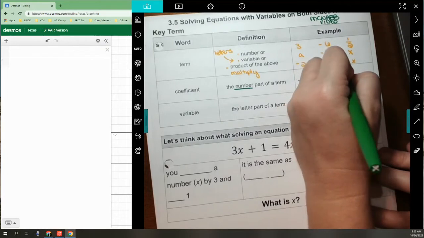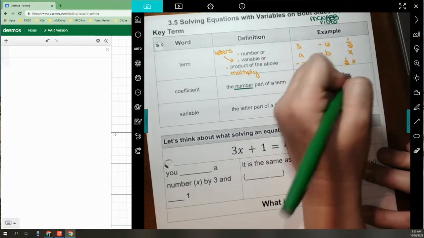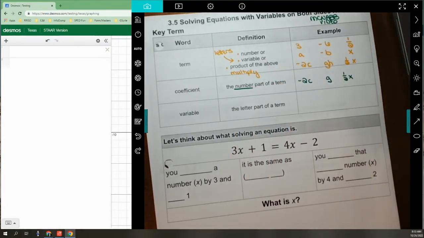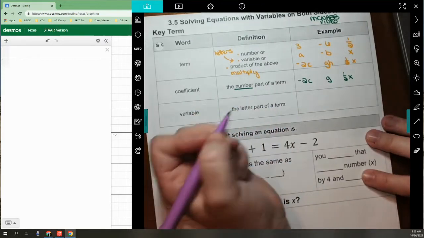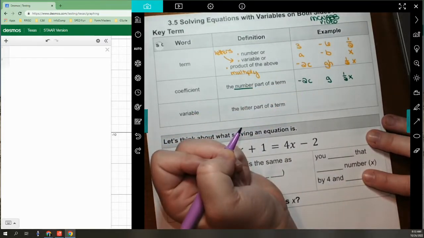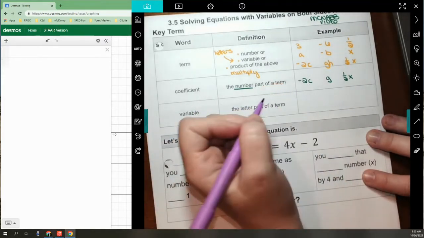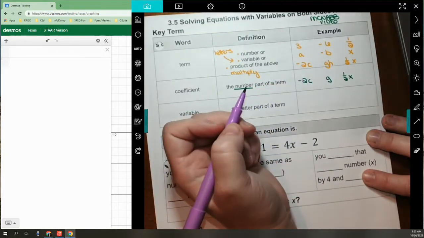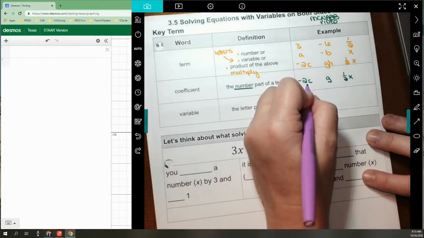And let's think about 1/2 x. See if we can find all these coefficients. The number part of the term. So we have -2c. That means -2 times c. What's the number part here? Well, that's pretty easy. It's -2.